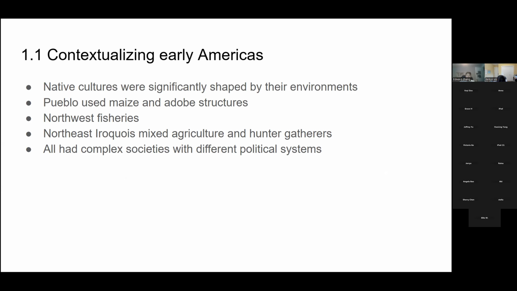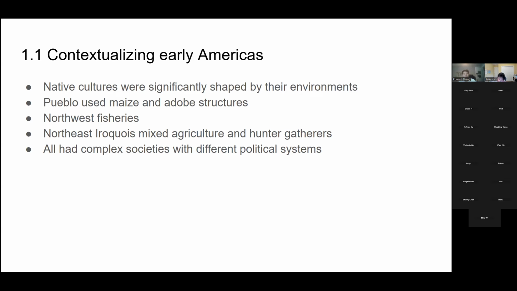The main theme that you have to take from this is that native cultures were significantly shaped by their environments, right? So the Pueblo, they were the people in the Southwest that used maize and those adobe structures, like if you have been to the Grand Canyon, you know those brick type structures. And then the Northwest, where we're at, they used a lot of fisheries, like salmon. And we know there's a lot of salmon over here.